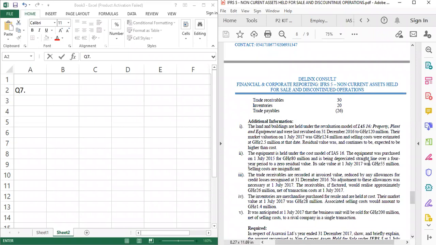Residual value was and continues to be expected to be higher than the cost. You see, when you are disposing a group, we don't consider individual selling costs for each of the items. We consider the selling cost for the entire group. This 2.5 over here, we are not selling only the land and building.